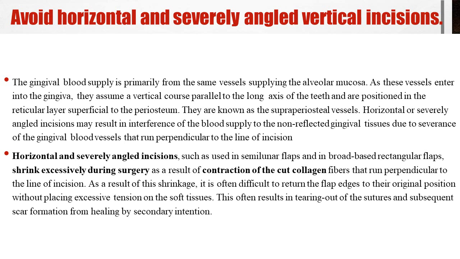Also, another disadvantage of your horizontal and severely angled incisions is that they shrink excessively during surgery because of the contraction of the cut collagen fibers, which run perpendicular to this line of incision.